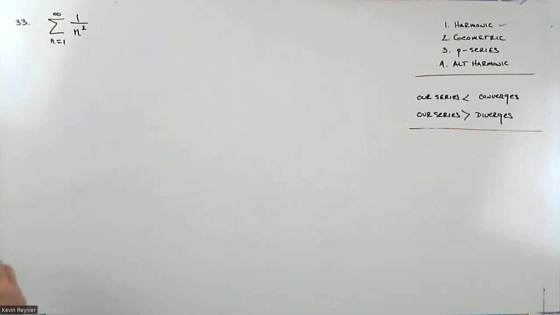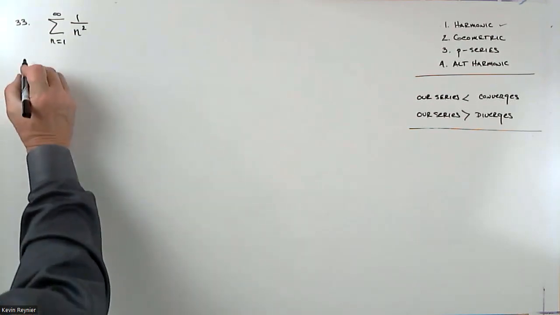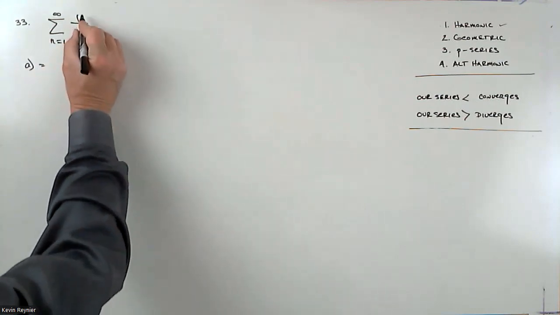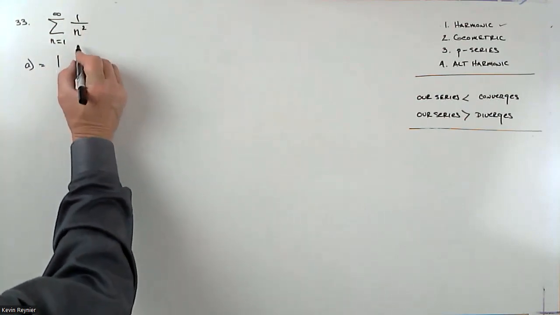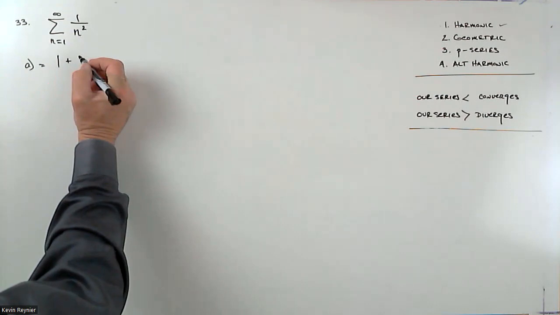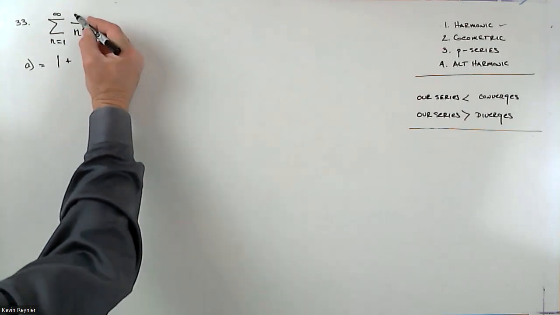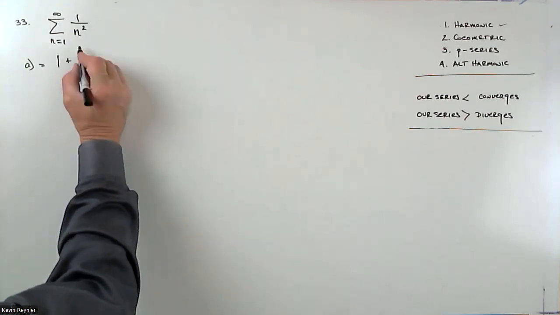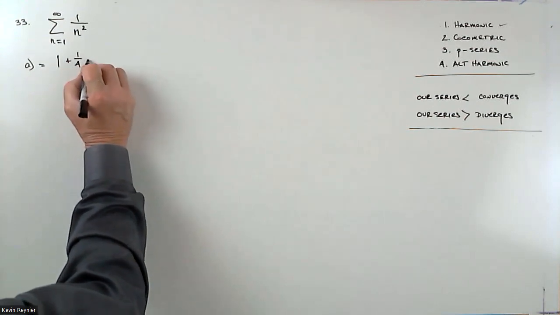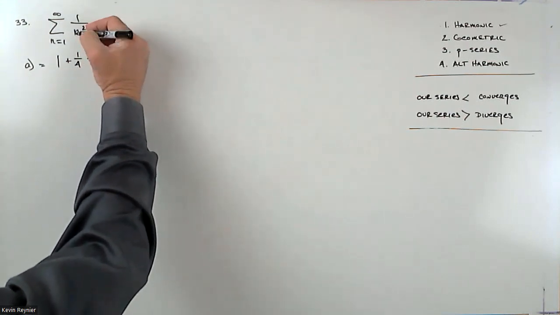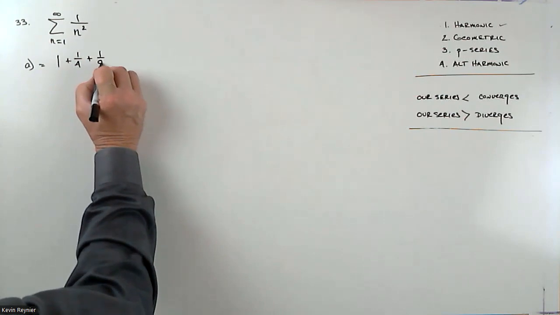So part A says use the sum of the first 10 terms. So we put 1 in here, we get 1. We put 2 in here, n is 2, we get 1/4. We put 3 in here, 1 over 3 squared is 1/9.